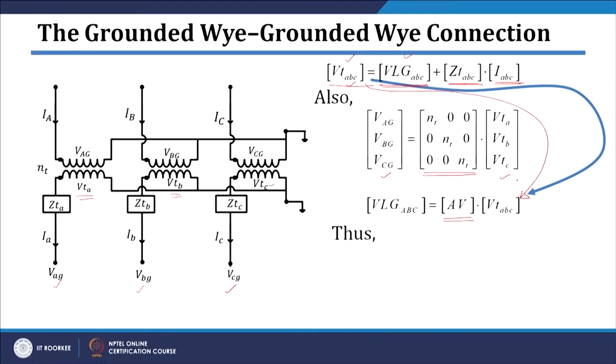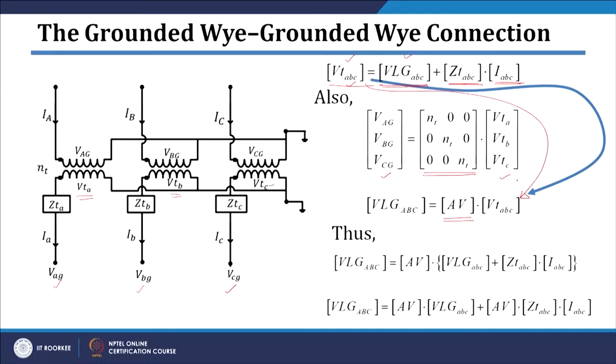So, after putting I will get this expression. So, here VTABC I am taking from here. So, VTABC will be replaced by this here, and then AV matrix I am taking inside the bracket. So, this term will get multiplied by AV, and this term will get multiplied by AV multiplied by your ZTABC.